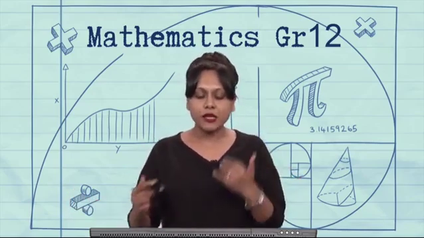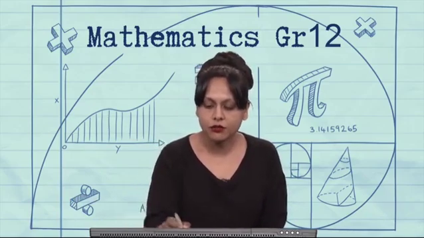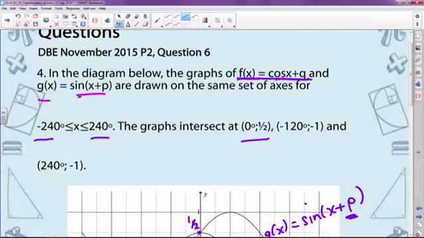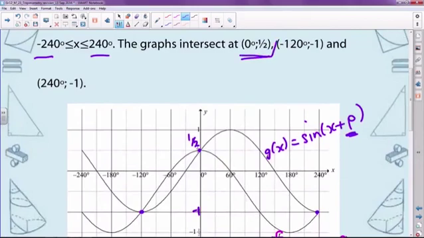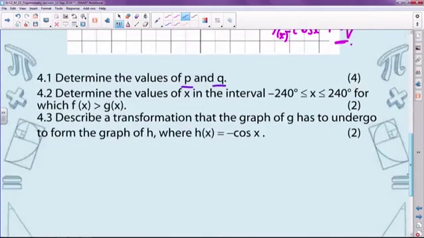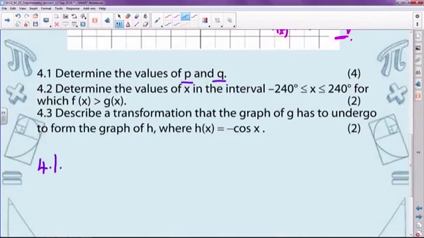So therefore, to find the value of P, I would like to suggest to you guys that the best way is to substitute a point that's been given to you on the graph. So I know that 0 degrees and a half is a point of intersection of both the sine and cos graphs. So for 4.1, we are going to look at g of x, which is equal to sine of x plus p.